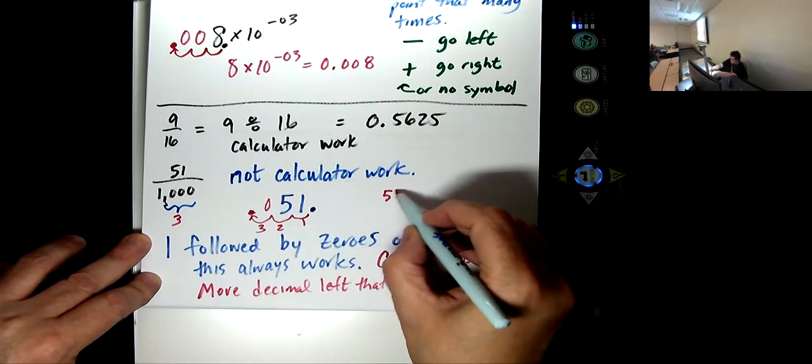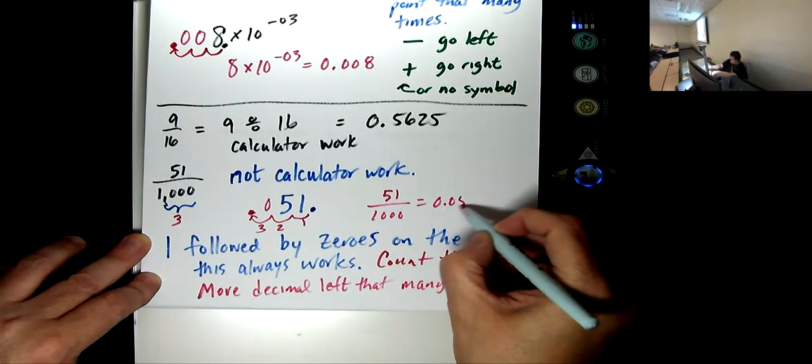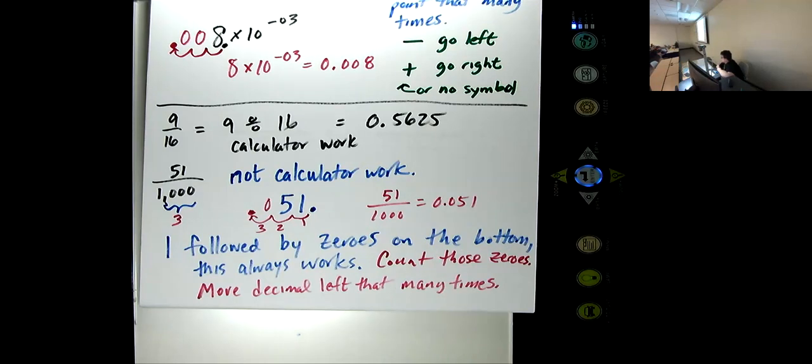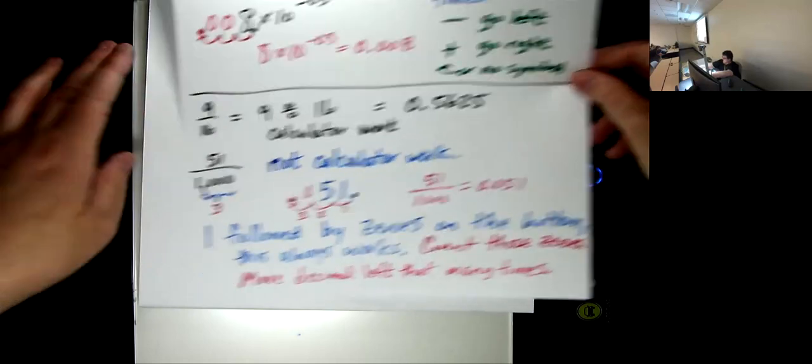So 51/1000 equals 0.051. This actually works with multiplying by a number like that too.